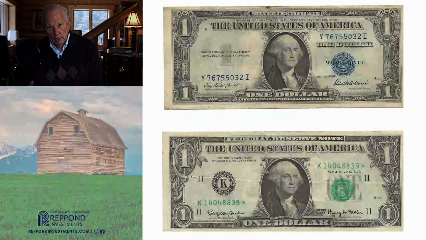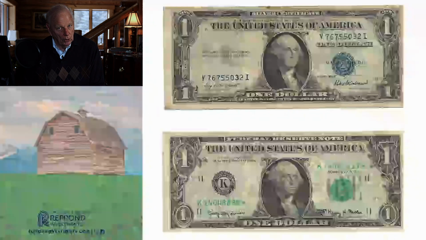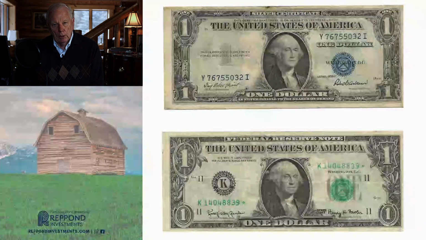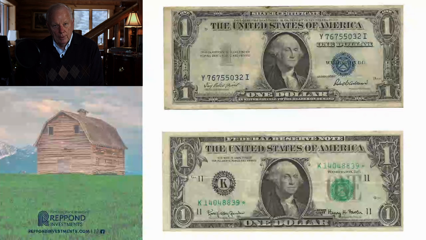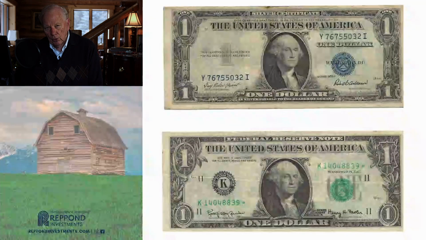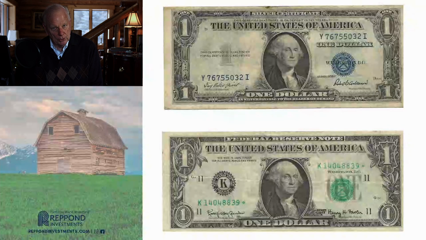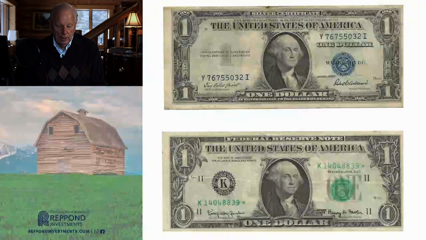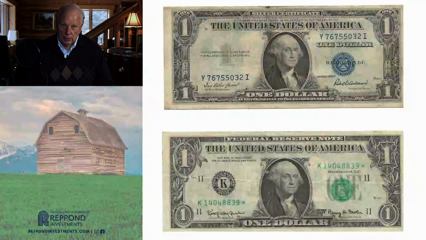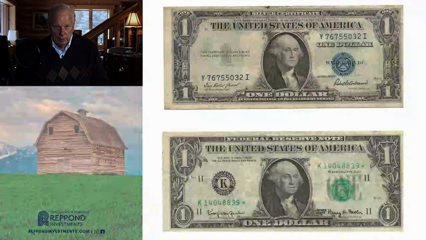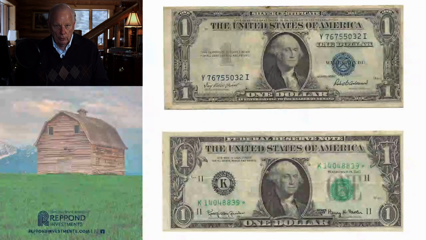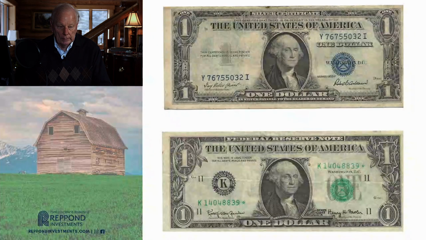So they stopped that in 1964 and started printing the Federal Reserve note. And as such, since 1964, this dollar is not actually backed by silver. It's really not backed by anything. Now, we do have gold on deposit in Fort Knox and in the basement of the vaults of the New York Federal Reserve building.